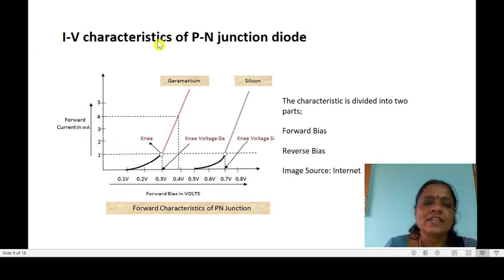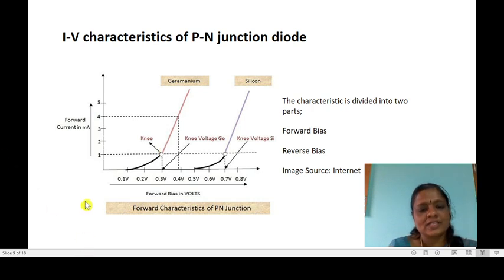These IV characteristics of the PN junction are of two types: one is the forward bias, another is the reverse bias. When the circuit is connected in forward bias and you change the voltage and note the current, it is called the forward bias IV characteristics.